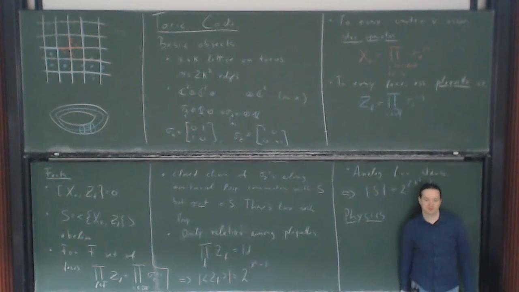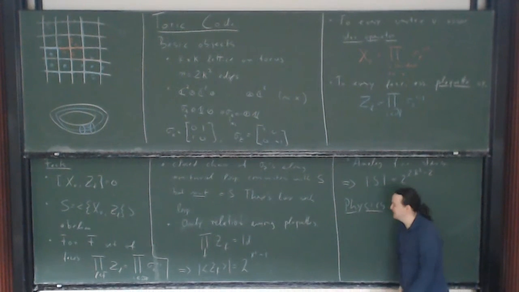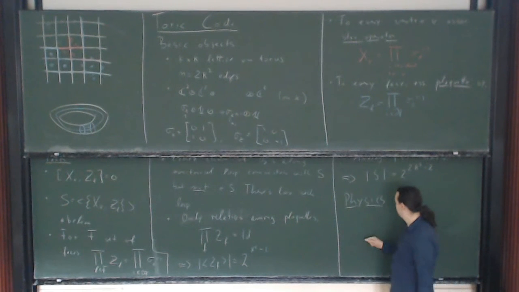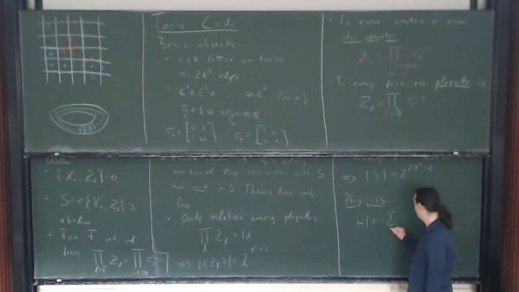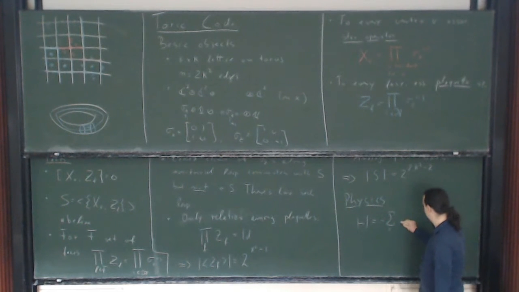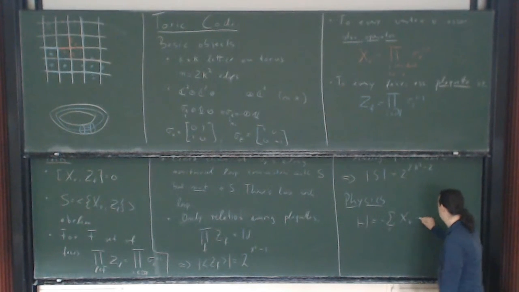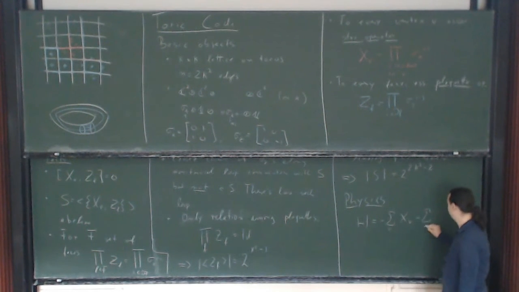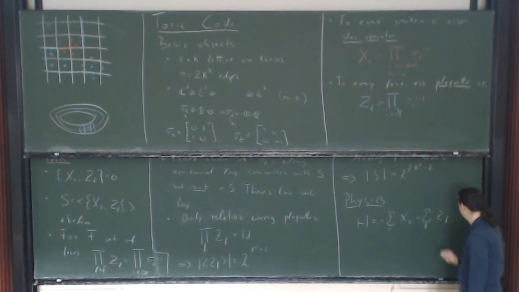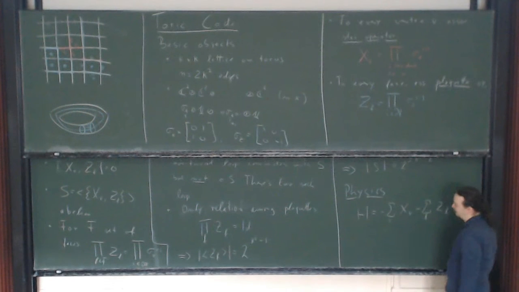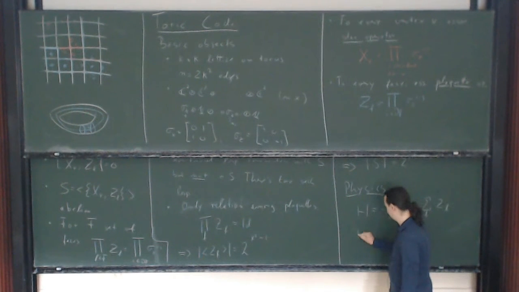Now I call it a Hamiltonian, but you don't actually need to know what that is. I form this matrix: H is minus the sum over all the star operators, minus the sum over all plaquettes. And this I call a Hamiltonian, just because that's how I was brought up.